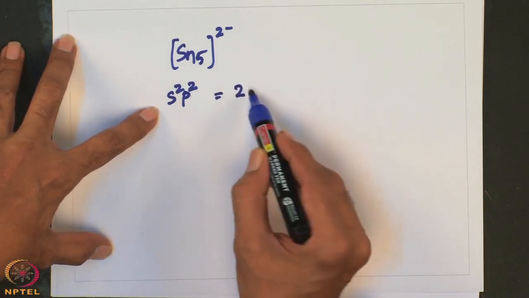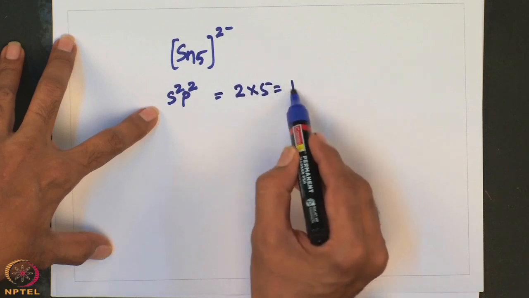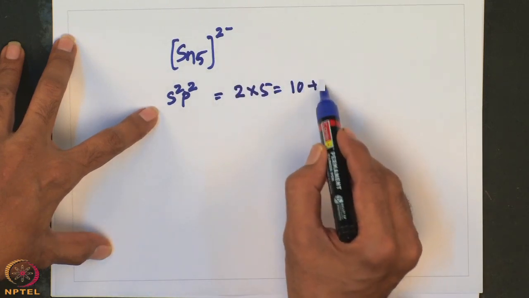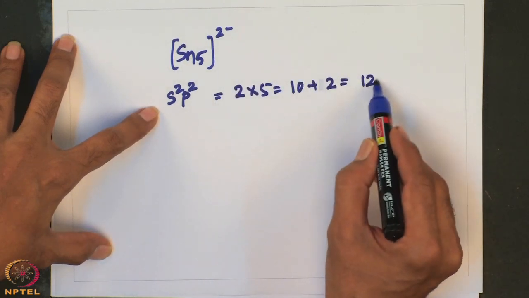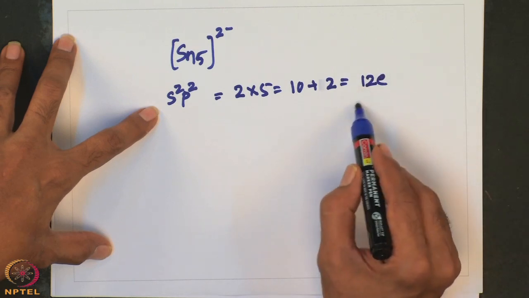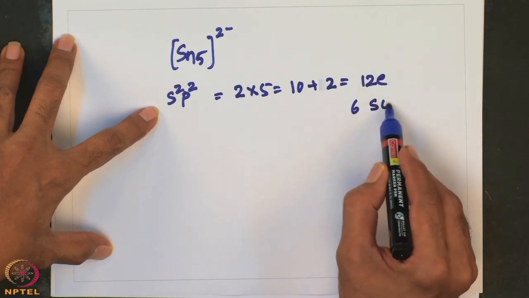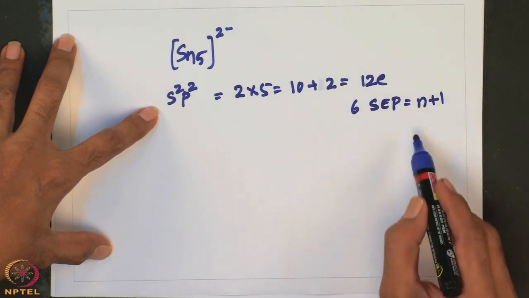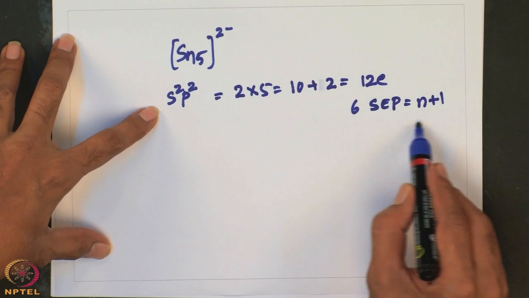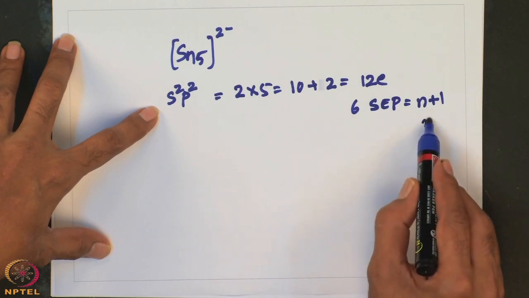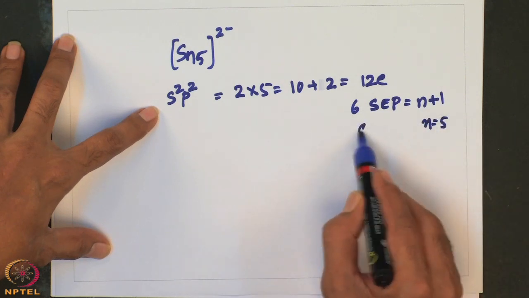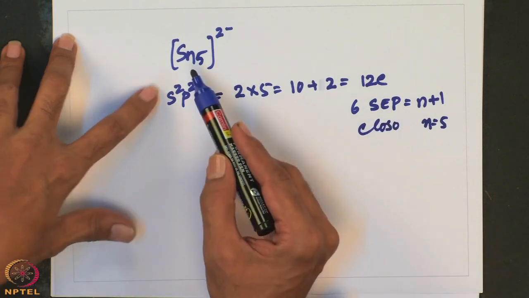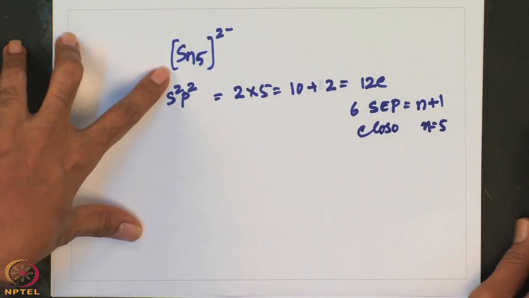If we are considering only 2 electrons, 2 into 5 will be 10 plus 2, 12 electrons are there. 12 electrons means 6 skeletal electron pairs, that is equal to n plus 1. So, now n will be 5, n equals 5 will be closo. So, it has a trigonal bipyramidal geometry. You can see here it has trigonal bipyramidal geometry.